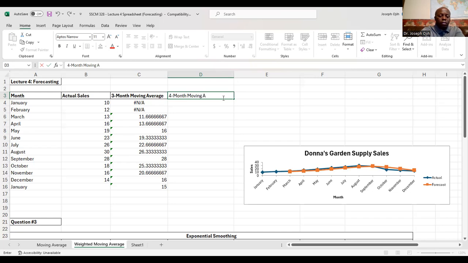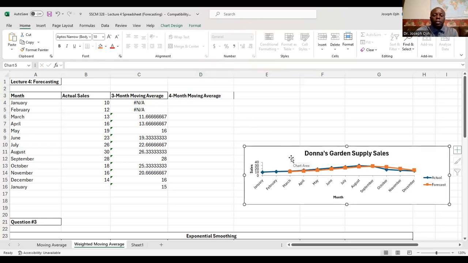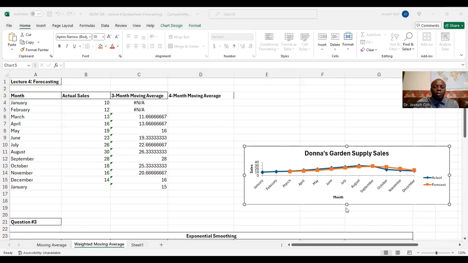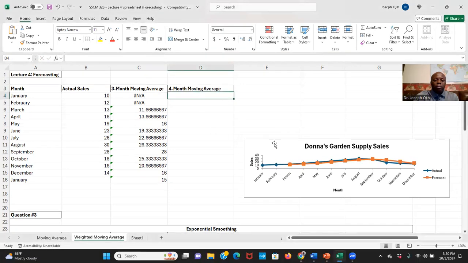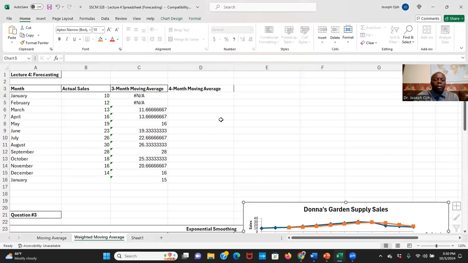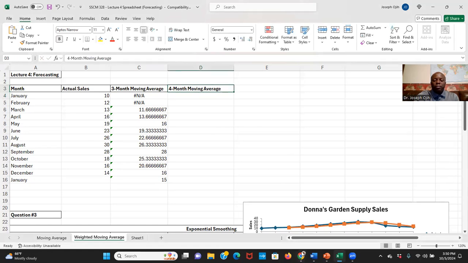In that case, what you're gonna do is the same process, but this time use 4. So let me move this one away. I'm going to put this 4-month moving average. I'm gonna start all over again, but use 4 months instead.